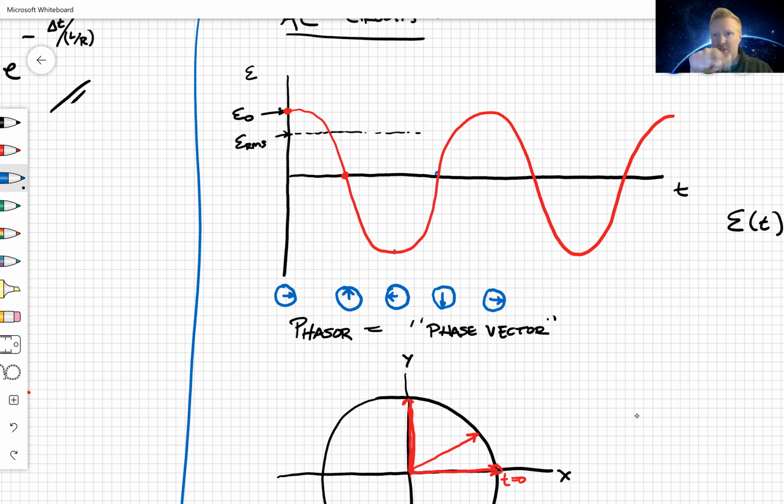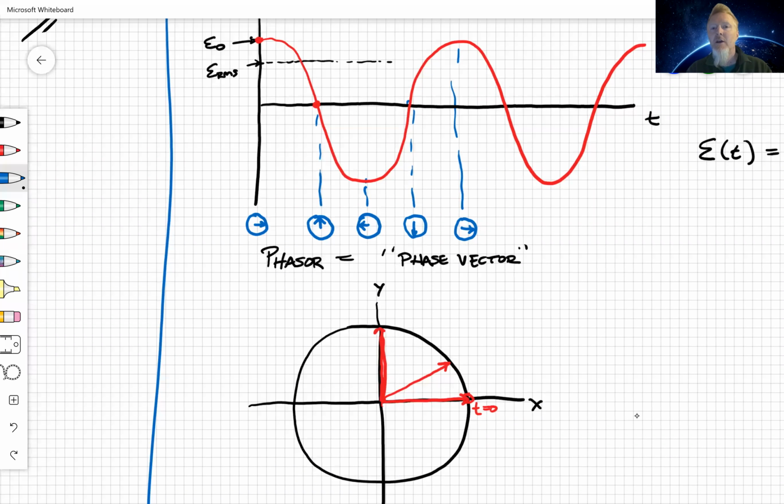So it's just like a clock going around counterclockwise. So that goes to this one, this goes to this one, this goes to this one, and this goes to that one. And then it repeats itself, right? So the tip of the phasor swings around the circle, and it goes around and around and around. And by its angle, you know where you are on that cosine curve, right?